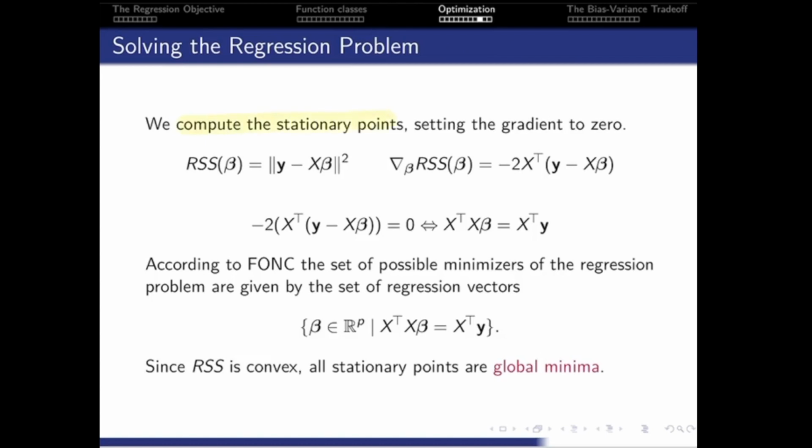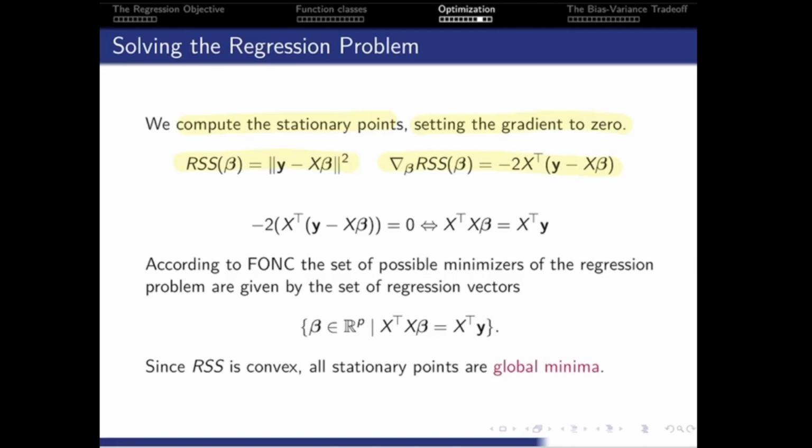This means that we set the gradient to 0. Now this residual sum of squares function should be a bit familiar to you, because we had this function in our optimization lecture, and we have also calculated the gradient in the accompanying math PDF. So if you want to know how that goes, please just look it up. Otherwise, just take it as it is.